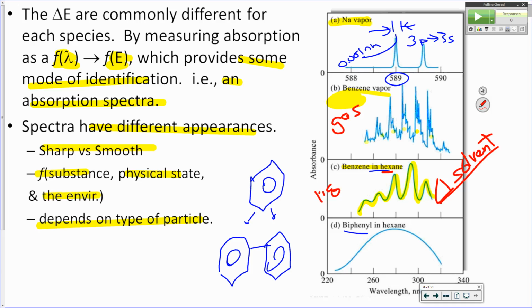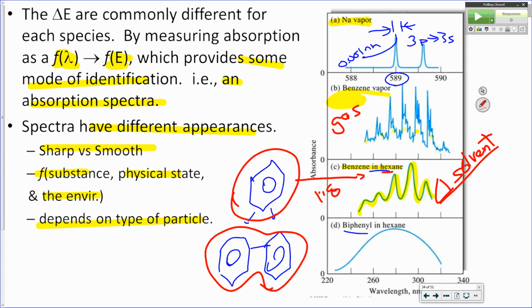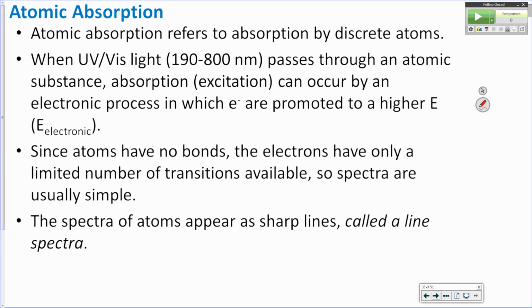And even with the overall structure, if you go from a single aromatic, a benzene, to a bridged aromatic, biphenyl, it has an enormous change in the spectra. Okay, so now we're going to start focusing on atomic species. When we talk about atomic techniques, whether it's atomic emission, atomic absorption, anything when we say the word atomic, we're talking about discrete atoms.